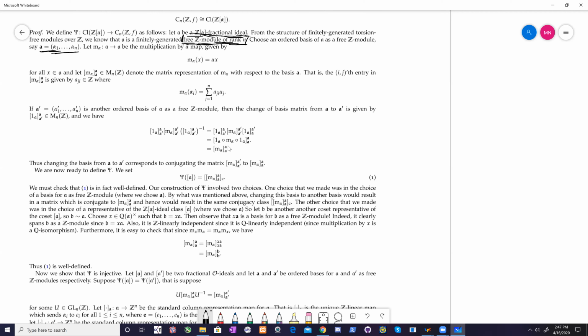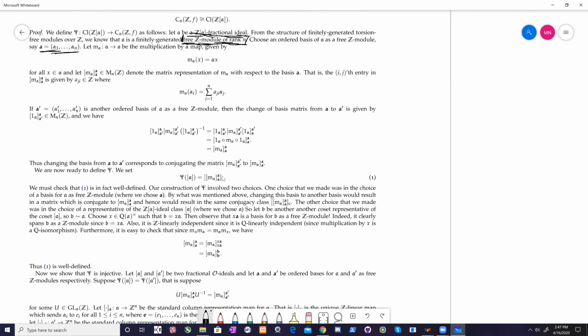The matrix representation of m sub alpha with respect to the basis bold A is a conjugation of the matrix representation of m sub alpha with respect to the ordered basis bold A prime.